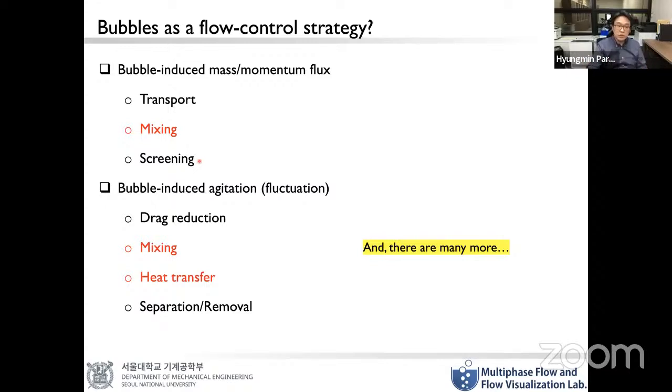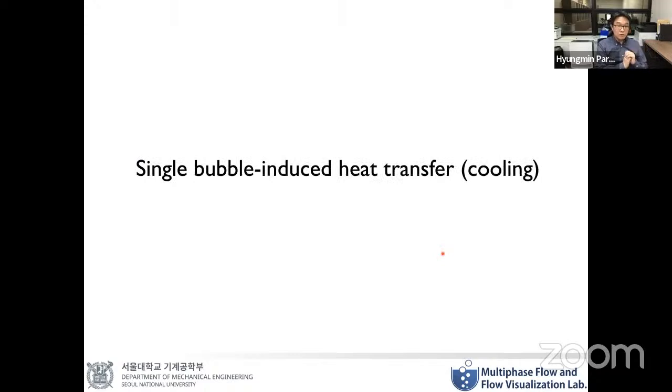If you are interested in the bubble-induced fluctuation, you can apply bubbles to make a direct reduction. Also, you can do another type of mixing or heat transfer. Also, if you want to separate some species or materials, you can use bubbles. And indeed, there are many more you can imagine with your bubbles if you use the nature of the bubble-induced flow or agitation.